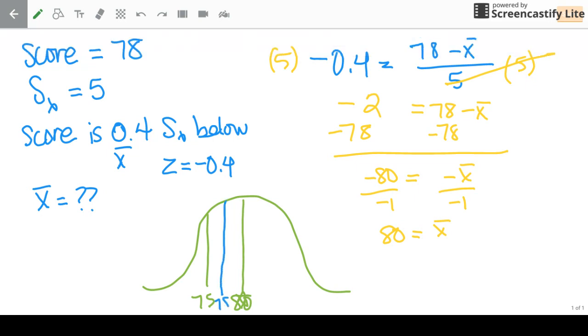So it makes sense that, one, it's negative because I am on the left-hand side, and it's not too far. So this is again how I can use this formula and look at my graph to see if it is a reasonable answer or not.